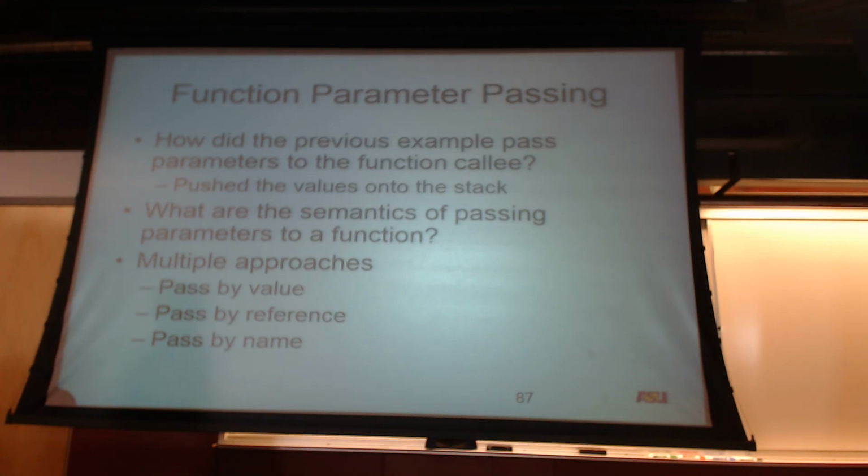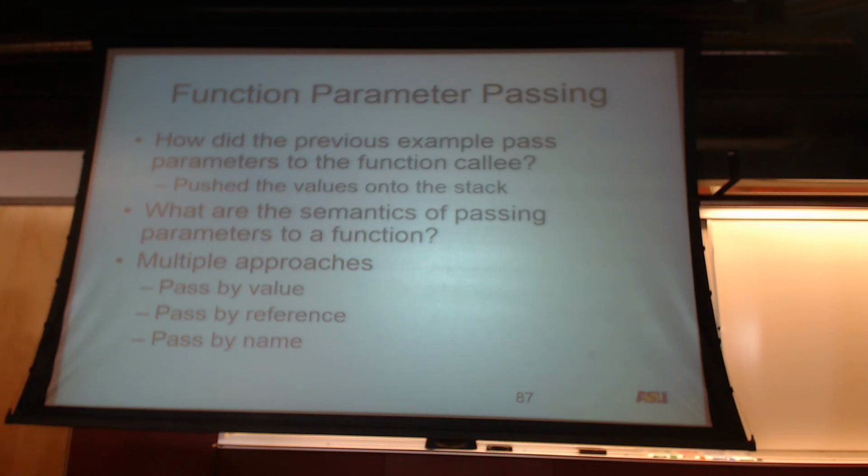Nobody does pass by name. Right? Pass by name is a very weird thing. We'll talk about pass by name, and it can have totally mind-boggling results. So we'll talk about each of these: what is passed by value, what is passed by reference, what is passed by name, and so on.